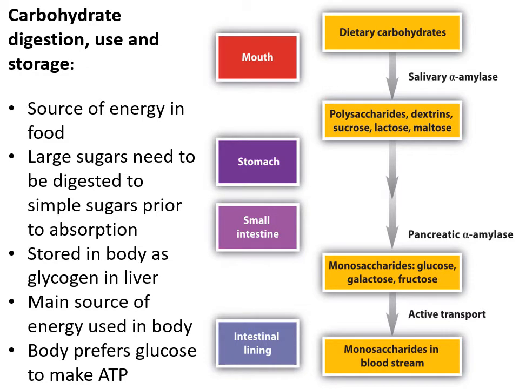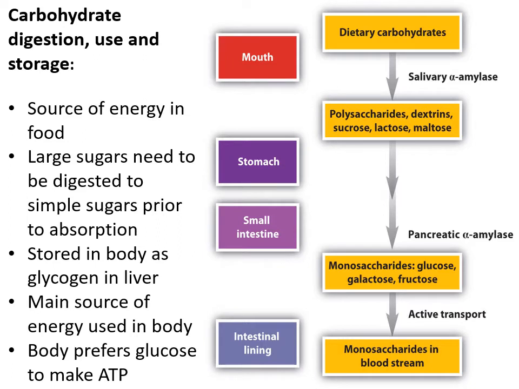Okay, so let's look at some carbohydrate details. Carbohydrates are typically spoken about in the setting of ingestion, so for energy. And let's just talk about how they're digested a bit, right?